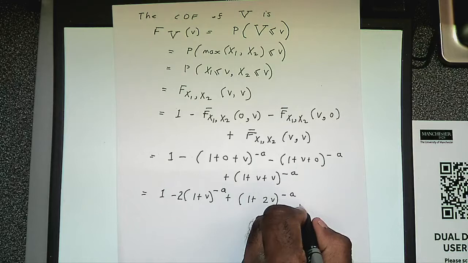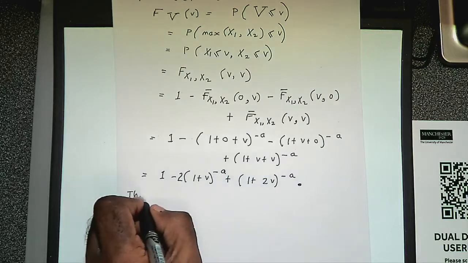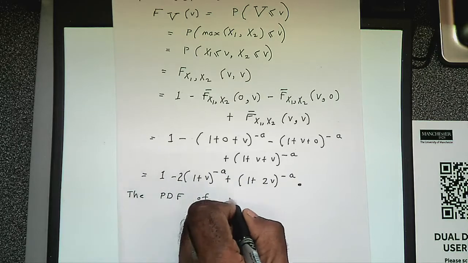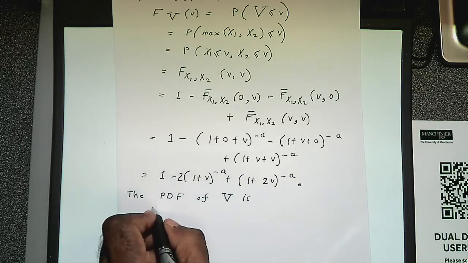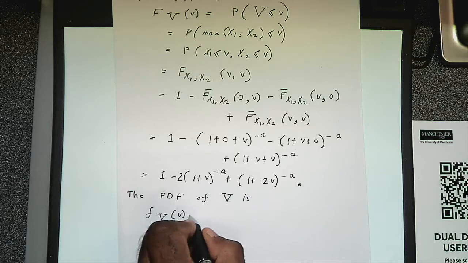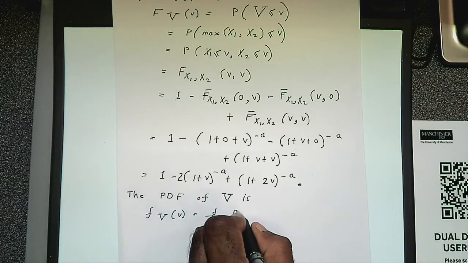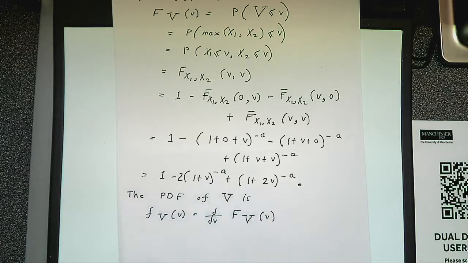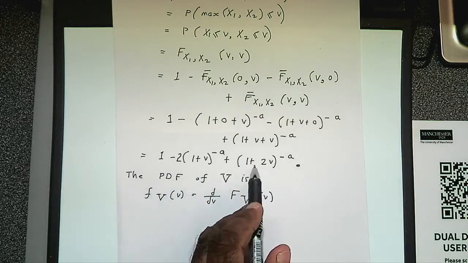Now to find the PDF, you need to differentiate this with respect to v.